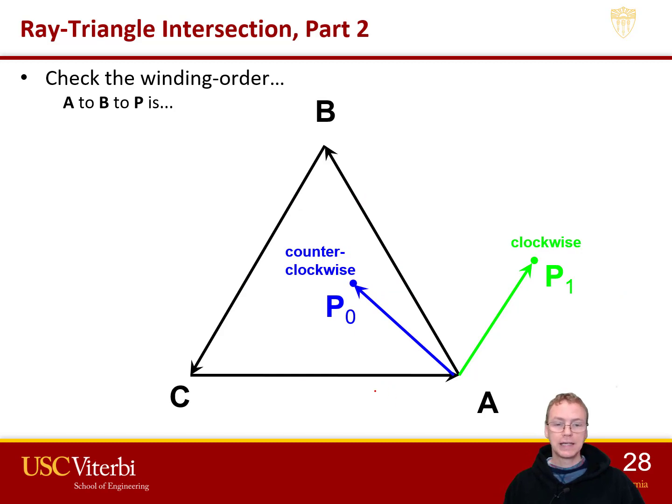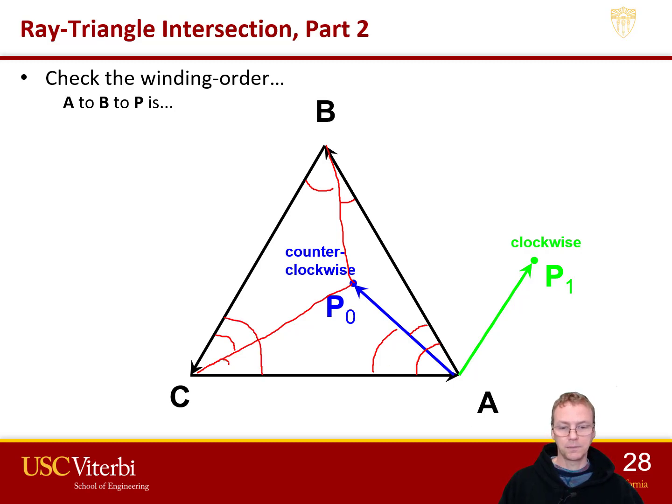Another one is to add up the angles. If I make these three mini triangles again, and I add up these angles here, these angles have to add up to the angles of the combined triangle.